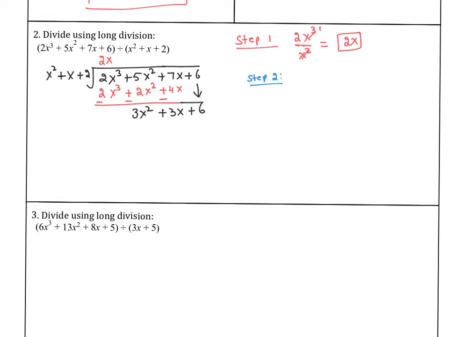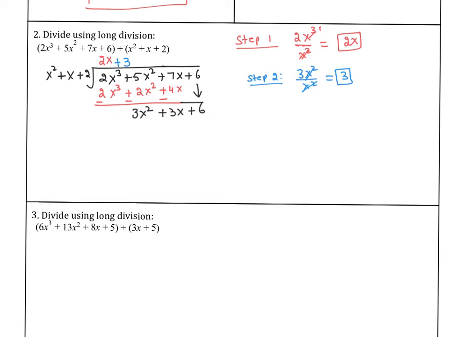Now you want to decide the next number to multiply. To get 3x squared, it is 3x squared divided by x squared, so the next number should be 3. So we should multiply by 3.